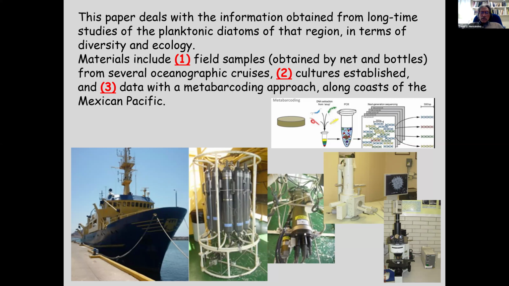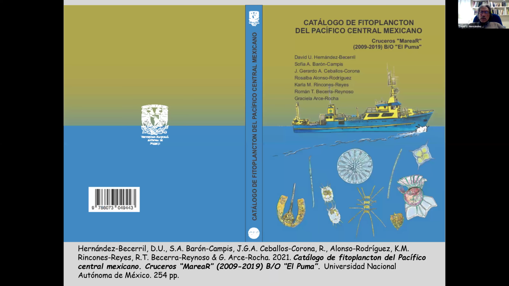So we have been studying the diatoms with different microscopes, and also using molecular tools. And we have lots of different environmental measurements from when we use the ships for oceanographic cruises.